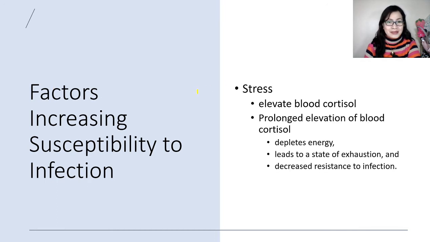Okay, so have you been stressed out lately? So take note that stressors elevate blood cortisol. Prolonged elevation of blood cortisol decreases anti-inflammatory responses, it depletes energy, and leads to a state of exhaustion and decreased resistance to infection.